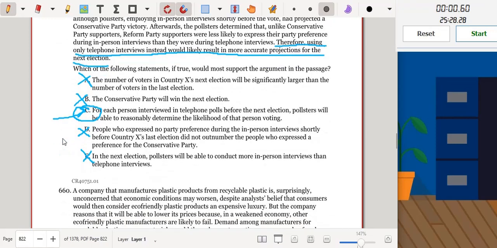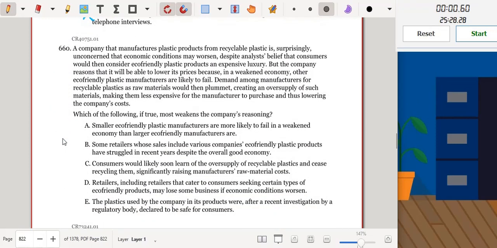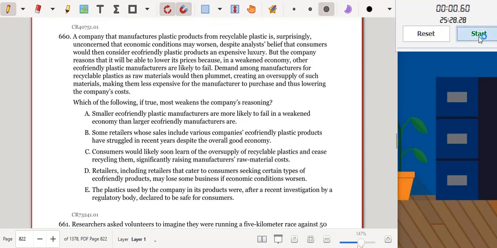Now let's move to the next one. 660. A company that manufactures plastic products from recyclable plastic is surprisingly unconcerned that economic conditions may worsen, despite analysts believing that consumers would then consider eco-friendly plastic products an expensive luxury.